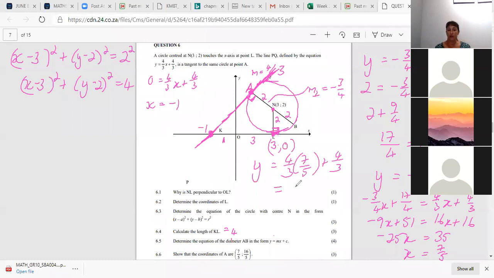So 28 over 15, I'm going to do an LCD, so it will be plus 20. So that's 48 over 15, which is 16 over 5. All right, and there's your y value.